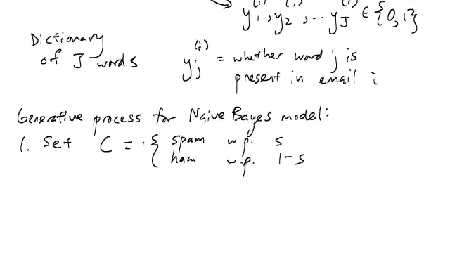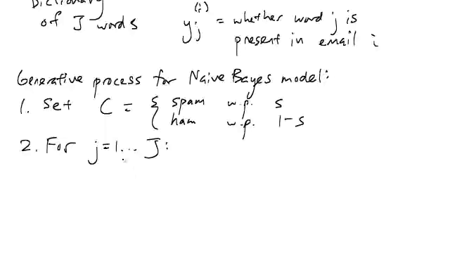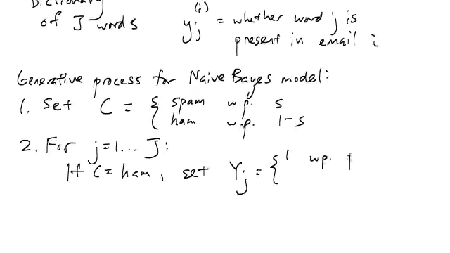Alright? So you randomly set the label C, and then what you do is for each of your features, so in our case for each of the words in the dictionary 1 up to J, now we're going to set whether word j is present. And this is going to depend on the label C. So if C is ham, then we're going to set Yj, whether the jth word is present, to be 1 with probability Pj, and 0 with probability 1 minus Pj.